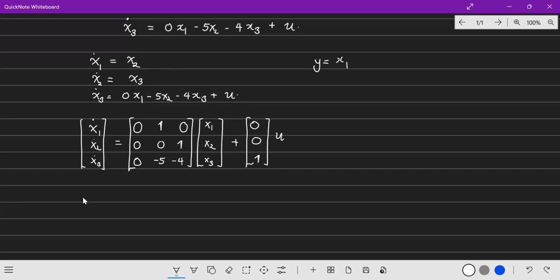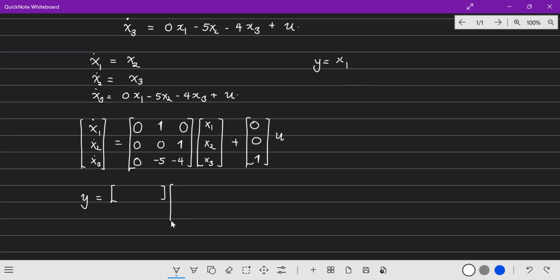Now let's write the output equation. The output equation is simply a 1 by n matrix, just a row matrix with one row. You can see that the output just depends on x1.